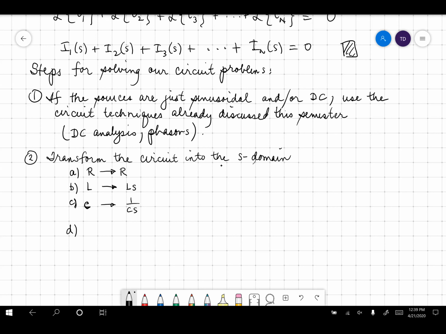Then we transform our sources. So sources, we take the Laplace transform. Okay, so we're gonna do that.